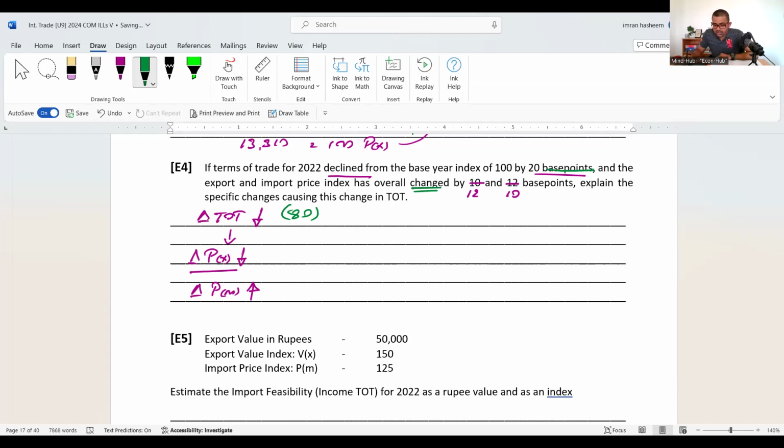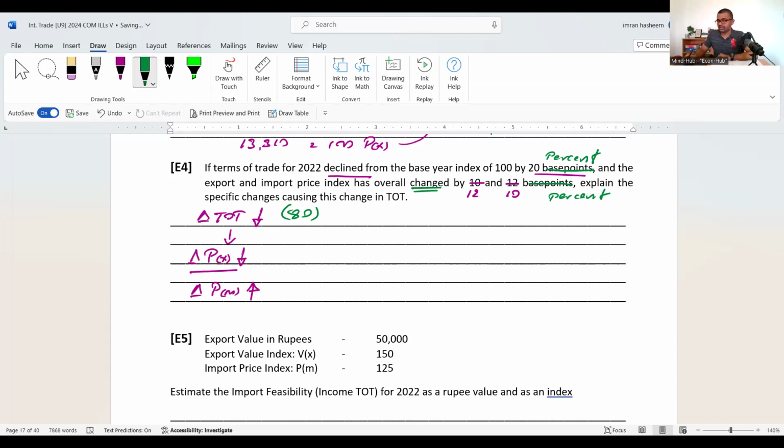So 20 basis points is not 20%. 20 basis points is 2%. Get it? So I'm giving you a question to talk about 20%. So shall we make this 20% here also? Okay, I'm very sorry for the amount of corrections, but then we are technically correct. Otherwise, it's not technically correct.